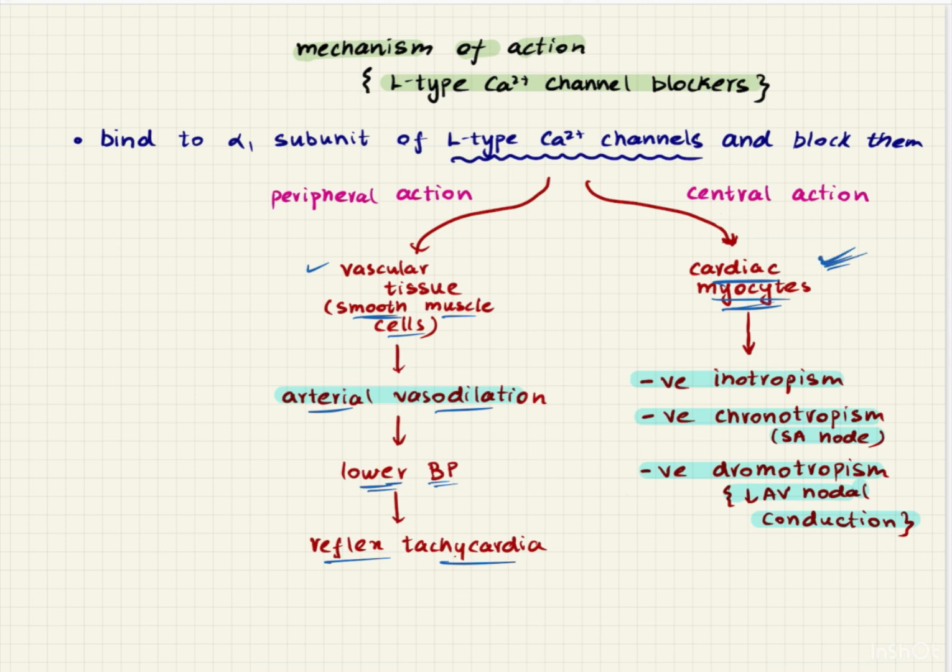While when calcium channels are blocked in the cardiac myocytes, it will result in negative inotropism, reduced force of contraction of the heart, and negative chronotropism, reduced heart rate because of the action in the SA node, and negative dromotropism, that is slowed conduction. AV nodal conduction will be delayed and slowed down because of calcium channel blockade in the AV node. So these are the various effects that can be expected in the heart.